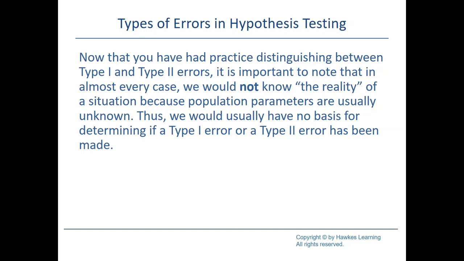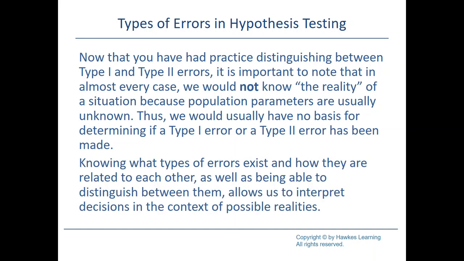We would have no basis for determining whether something is a type 1 error or a type 2 error until something has already been decided. However, knowing what types of errors exist and how they are related to each other, as well as being able to distinguish between them, allows us to interpret decisions in the context of possible realities. Was it actually a good decision to go one way versus another?